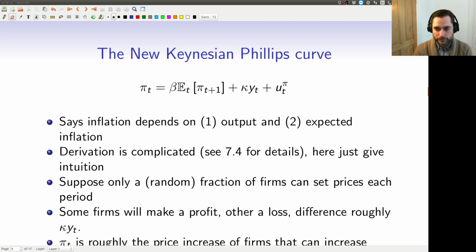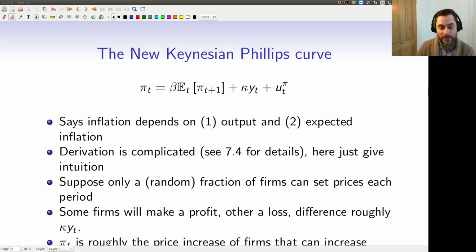All right. So the amount that the firms that can change their prices want to change their prices is going to have to do somehow with output. The idea is, if firms are very productive today, so output is very high, then they're going to want to raise their prices a lot.